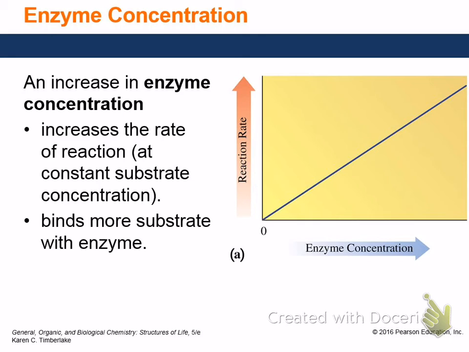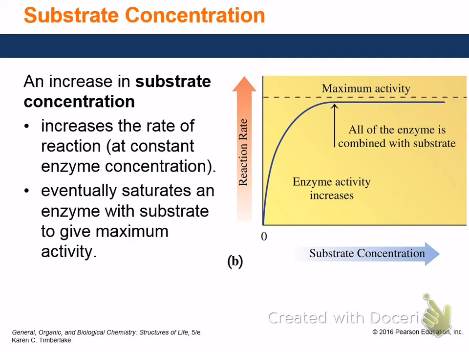So if you try to do this graph with the substrate, it looks very different, okay? Basically, the activity of a solution of enzyme will just go up linearly with concentration. When you try to do that with substrate concentration, it levels out like this. Okay, so let me try to explain to you what's going on.